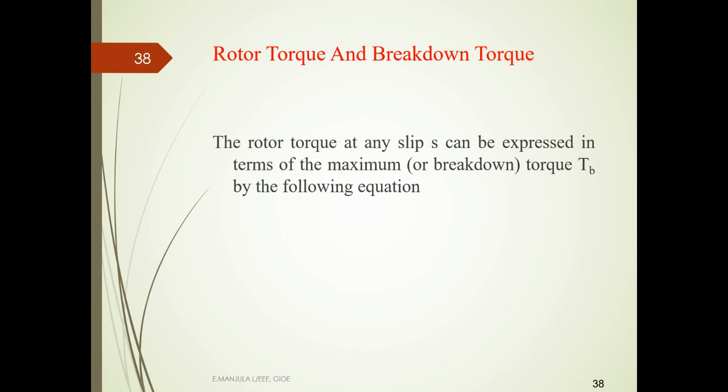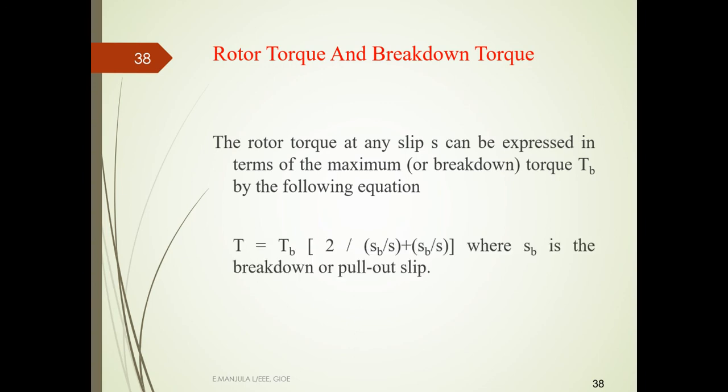And the rotor torque at any slip can be expressed in terms of maximum torque by this equation. So T is equal to T maximum by 2 divided by slip at maximum divided by normal slip plus normal slip divided by slip at maximum, where Tm is the breakdown or maximum torque.